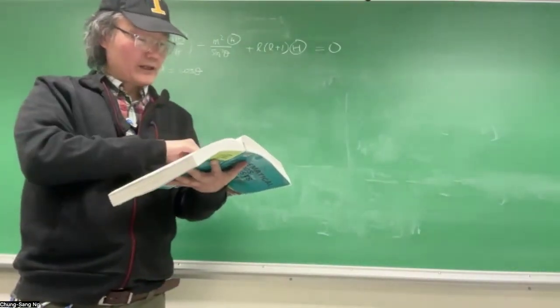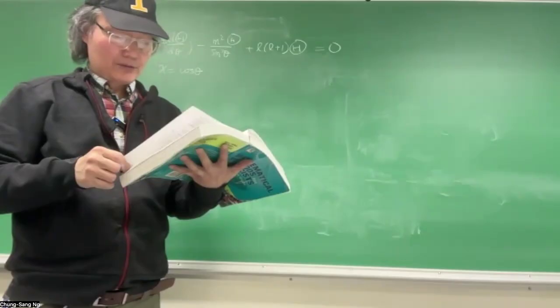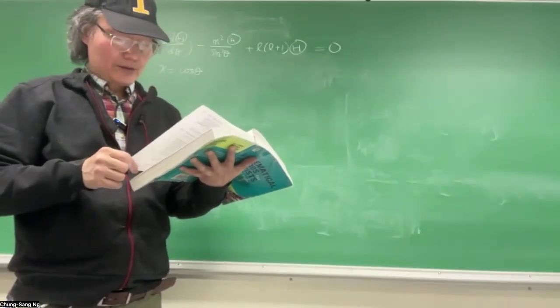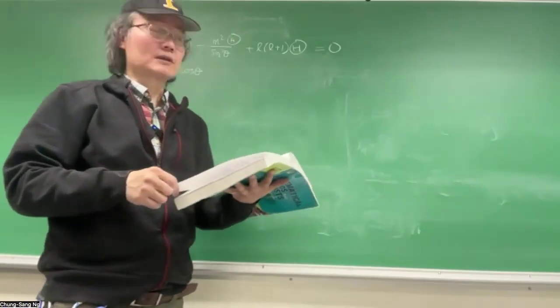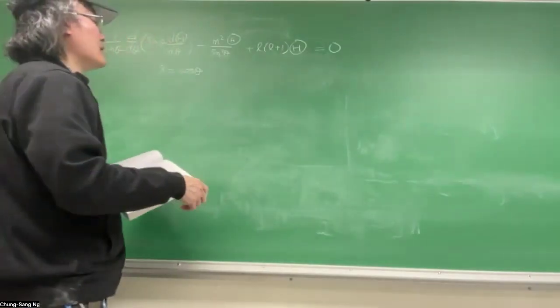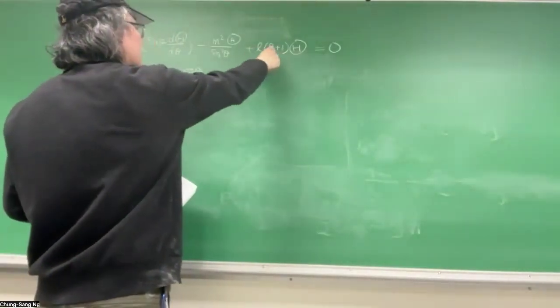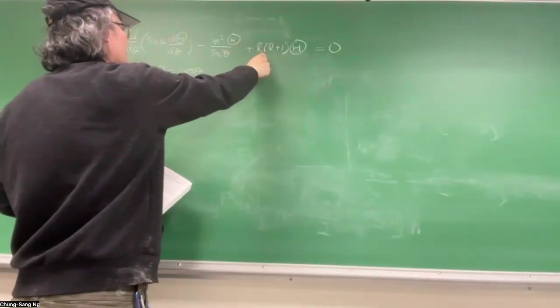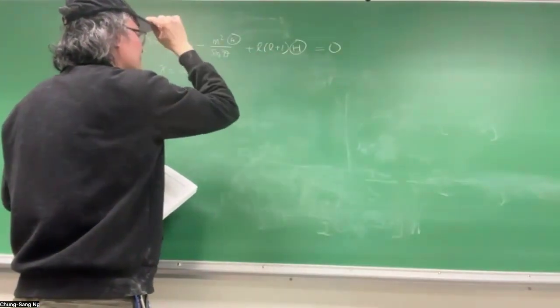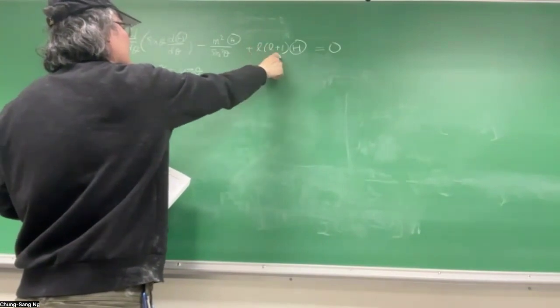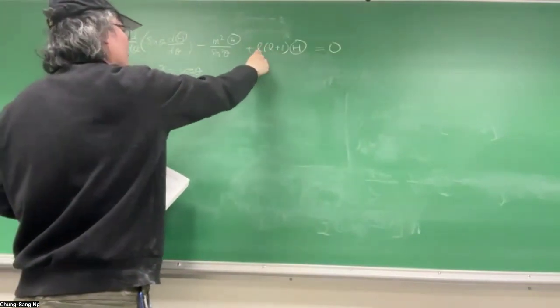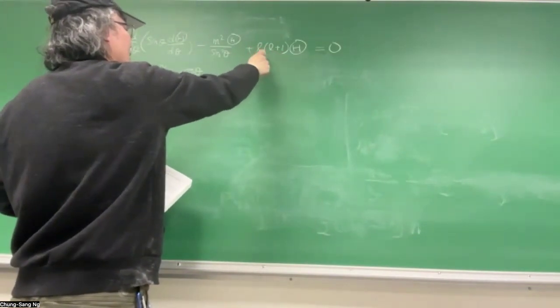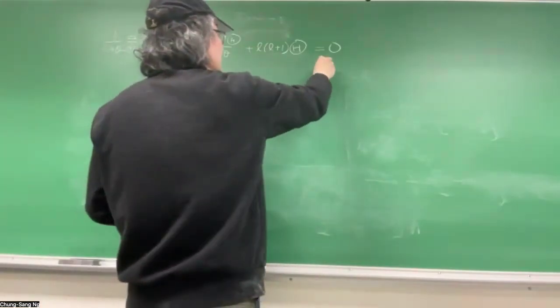And so at x equals minus 1 and 1, for a regular solution, you require the series solution to truncate. It requires a condition to truncate, and so the constant becomes L times L plus 1, and L is from 0 to infinity.